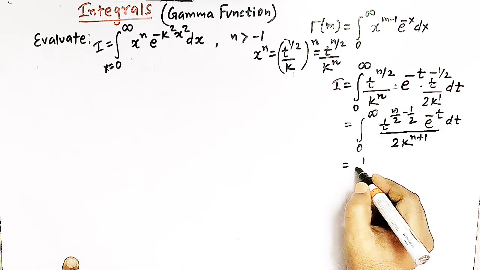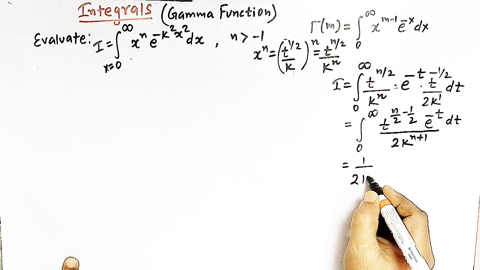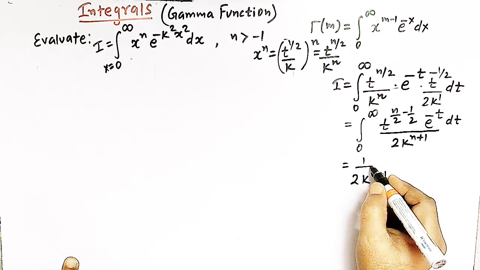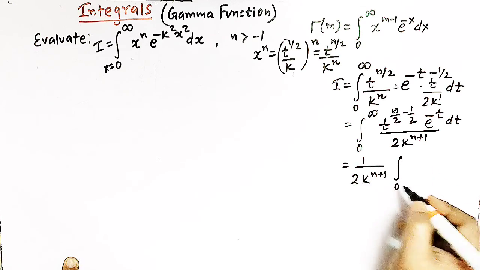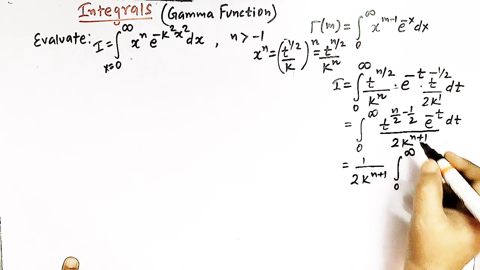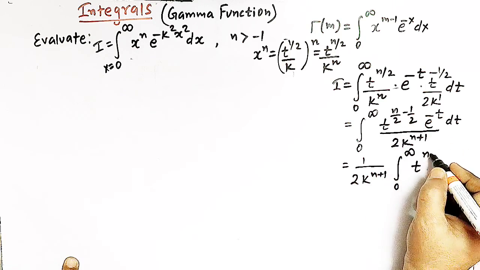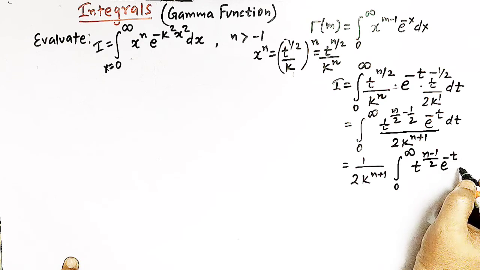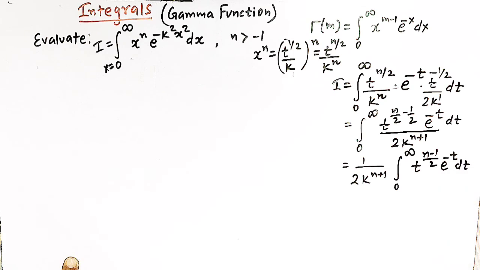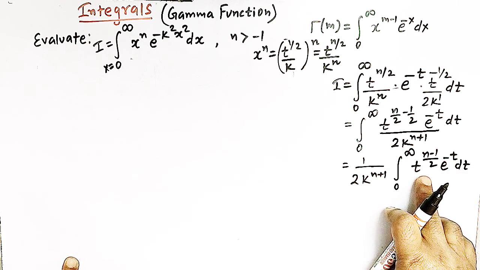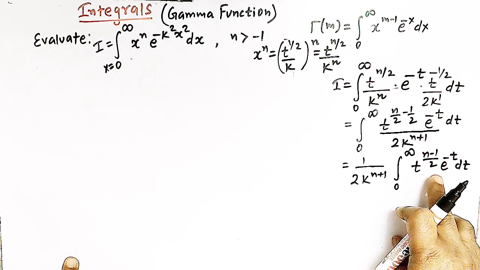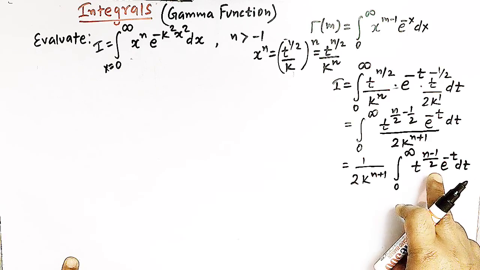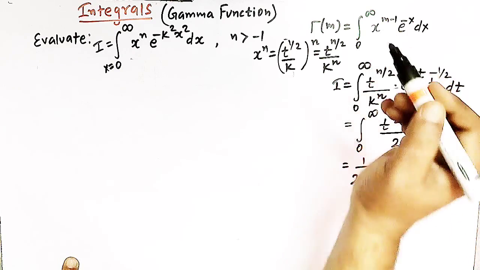So now we can take 1 over 2 times k raised to n plus 1 outside the integral, being a constant, and here we have t raised to (n minus 1) over 2 and e raised to minus t dt, right? So now we have this integral, and we have to convert it into this form.